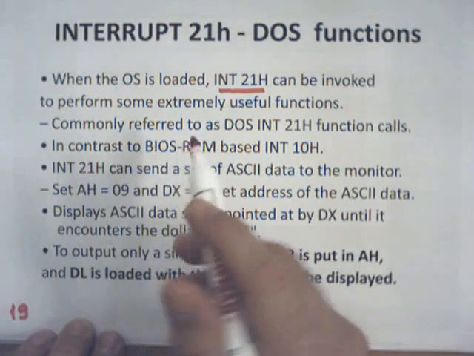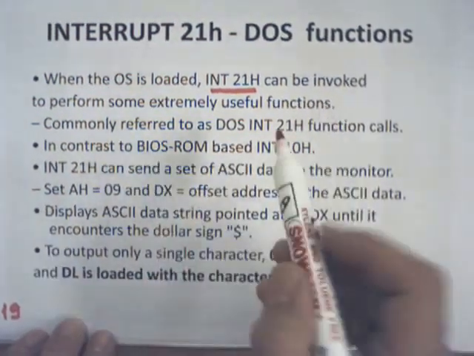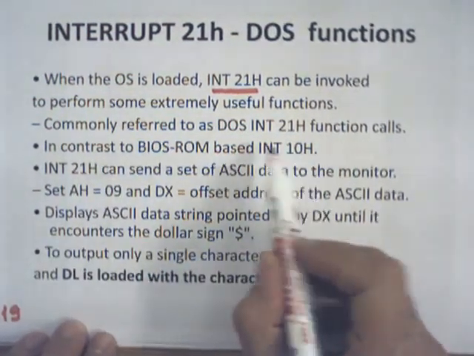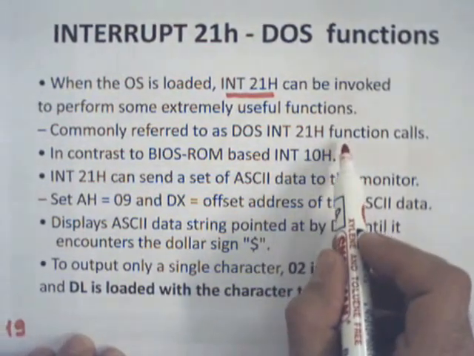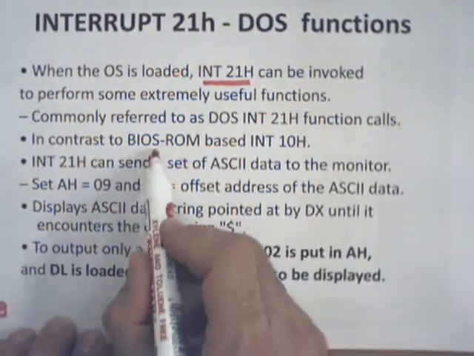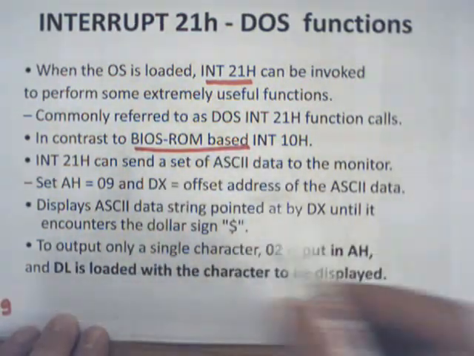The difference between INT 10 hex and DOS 21 hex is that the former are main function calls or BIOS ROM based calls.